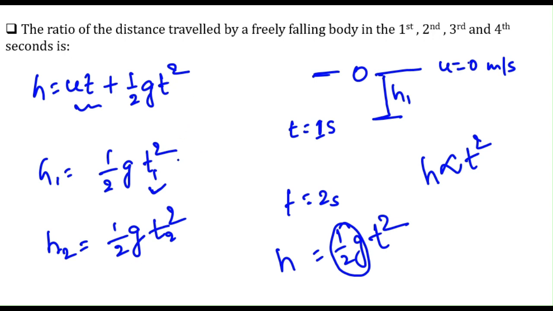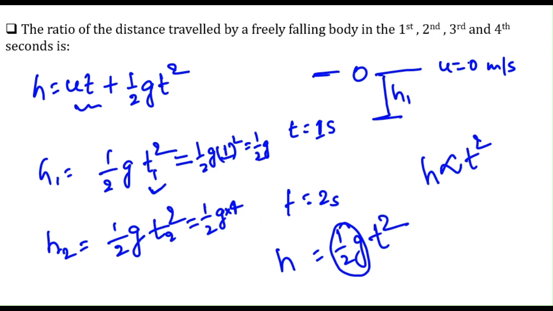Okay, let's complete it first, then we can build a better idea. This will be 1 by 2 g and 1 square for the first second. So this will be 1 by 2 into g only. And here 1 by 2 g, and t2 is 2 seconds, so it will be 4. In the same way, next S3 will be 1 by 2 g, t3 square, where t3 will be 3 seconds. So in the same way, it will go on.